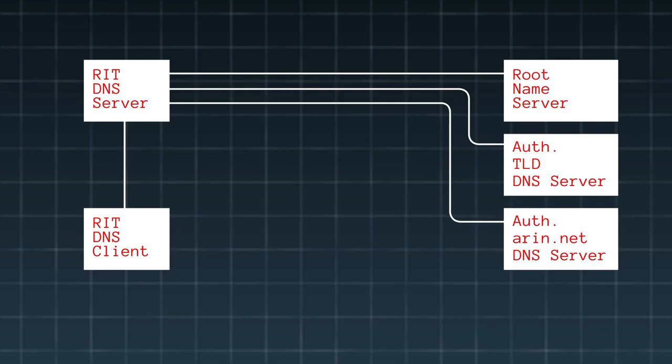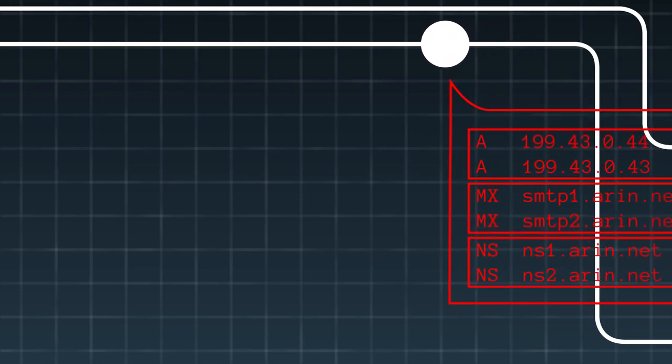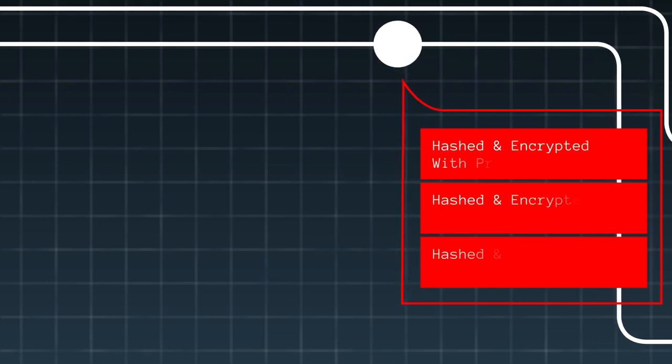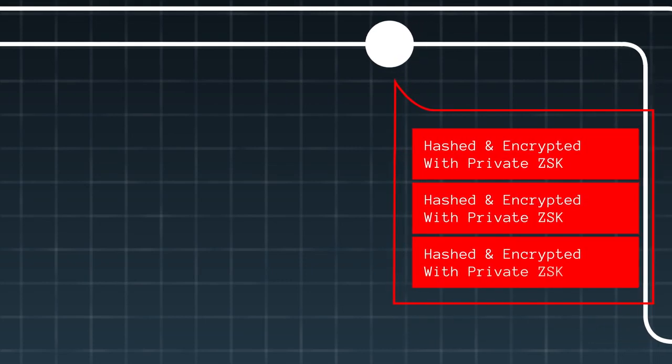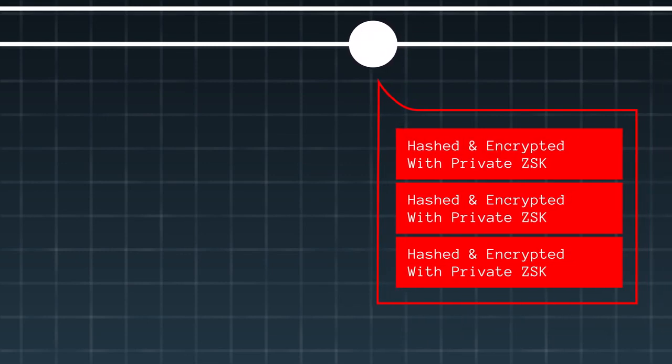When that server gives the answer to the RIT DNS server, it sends the answer along with a hash of each group of resource records in the answer, signed with aaron.net's private ZSK, zone signing key.